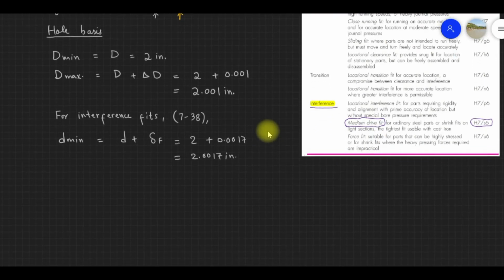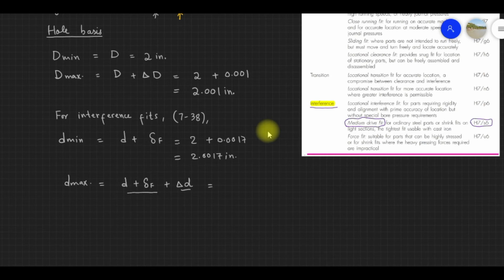For the maximum size, the formula in equation 7-38 states that d maximum would be d minimum plus delta f, and always if you are going from minimum to maximum, all you have to do is add the tolerance value.